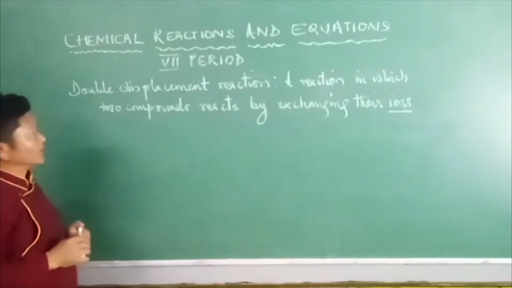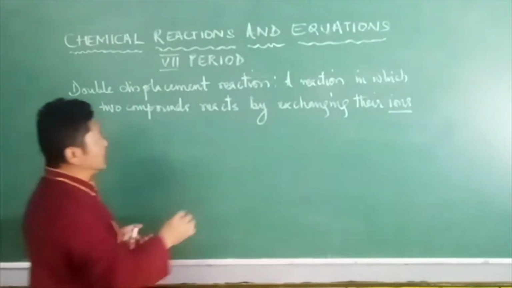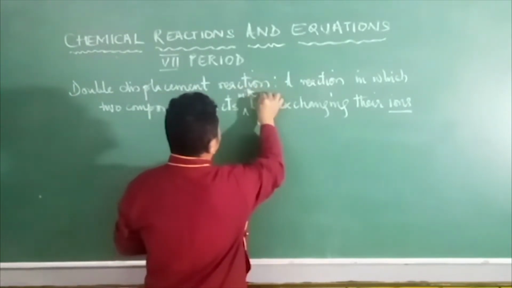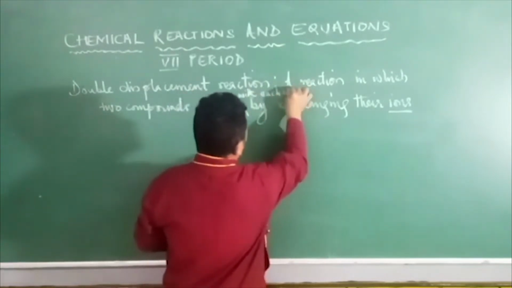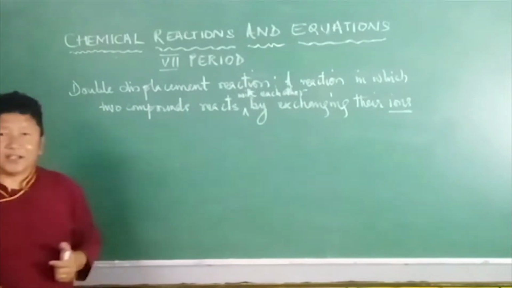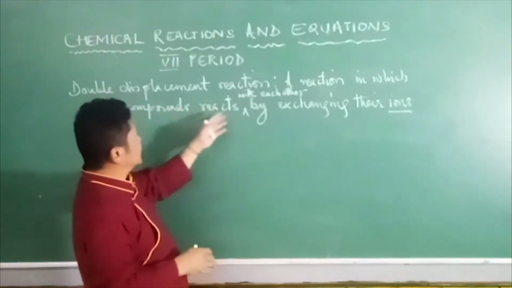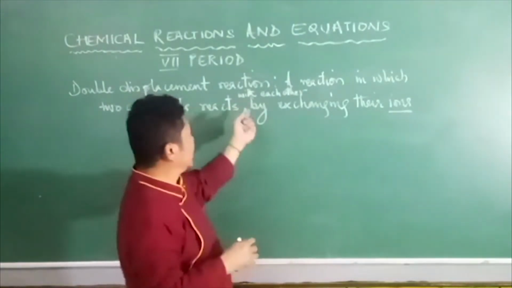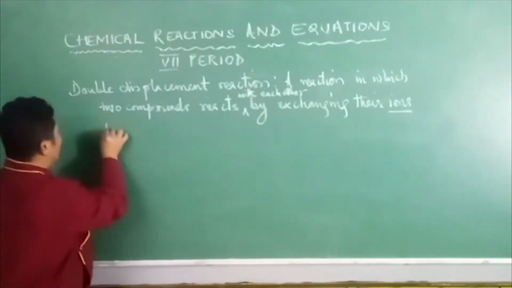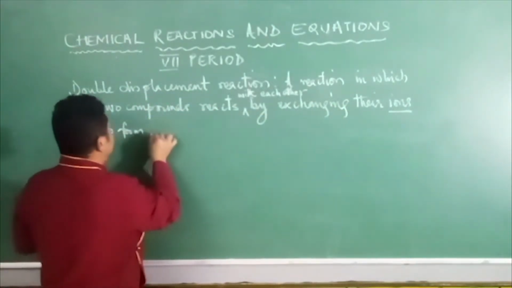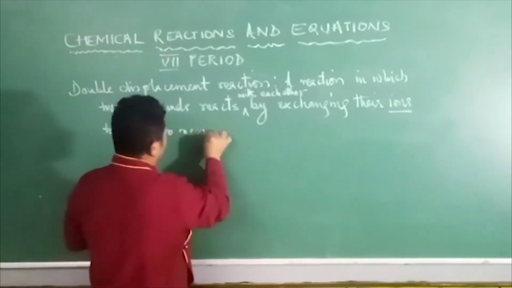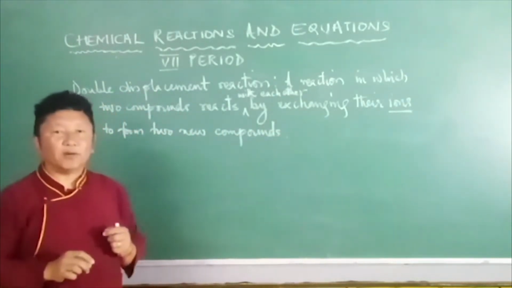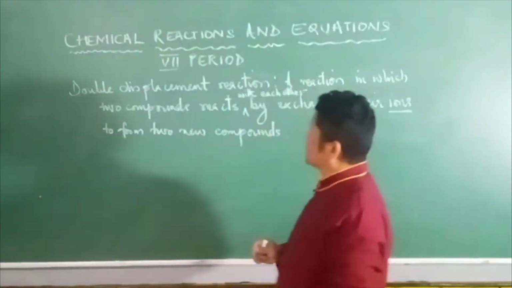Two compounds react with each other, or with one another, by exchanging their ions to form two new compounds. Such a reaction is called a double displacement reaction.